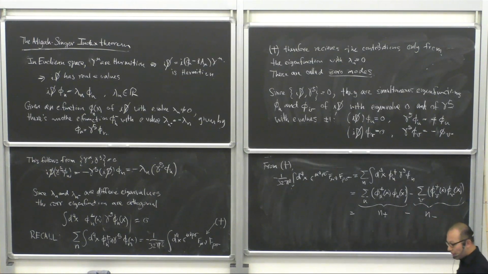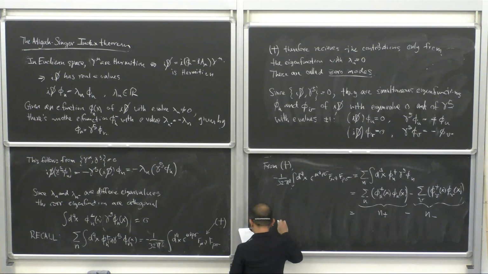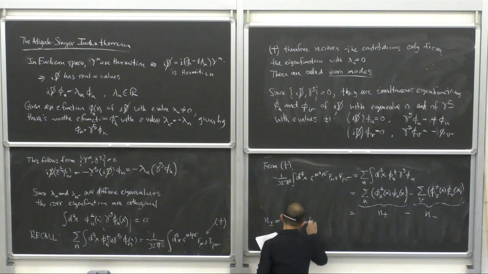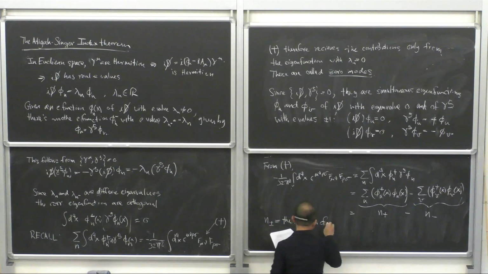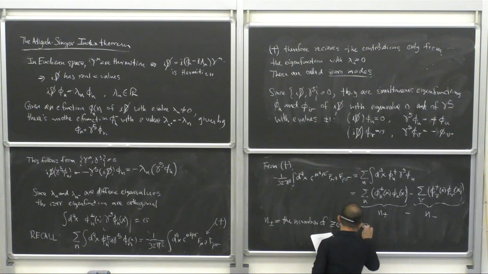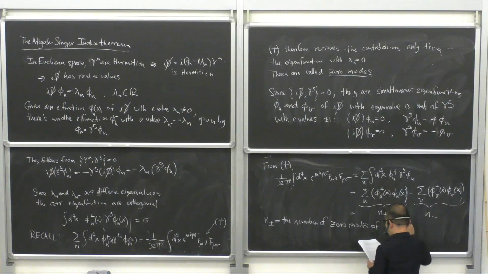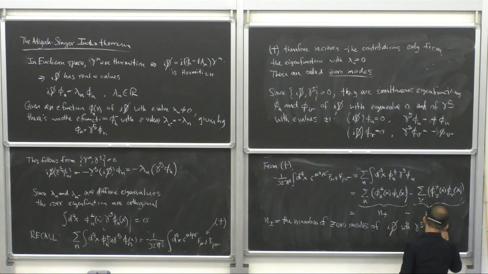So what are n plus and n minus? They equal the number of zero modes of the Dirac operator with gamma 5 eigenvalue plus or minus 1. Is that clear?